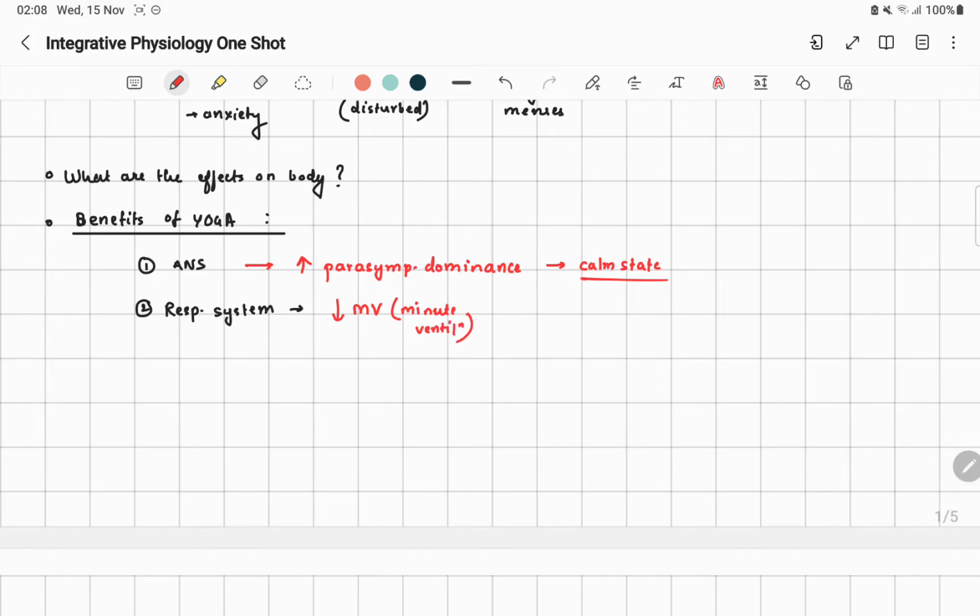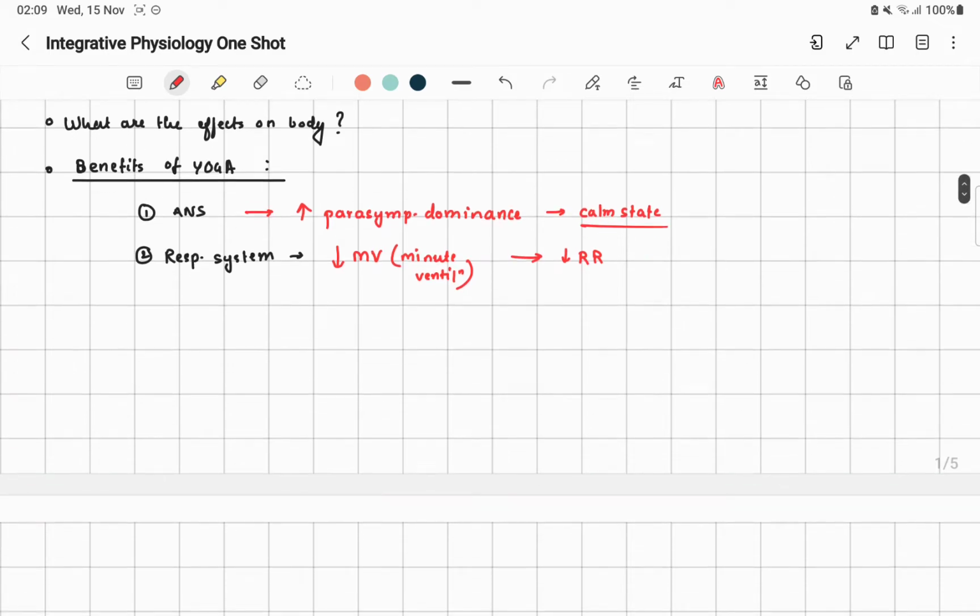Minute ventilation is reduced, and there is reduced respiratory response to CO2 and reduced respiratory rate. Cardiorespiratory endurance is increased. It is beneficial in asthmatic conditions and obstructive lung diseases. So yoga is mainly prescribed in asthmatic patients also.